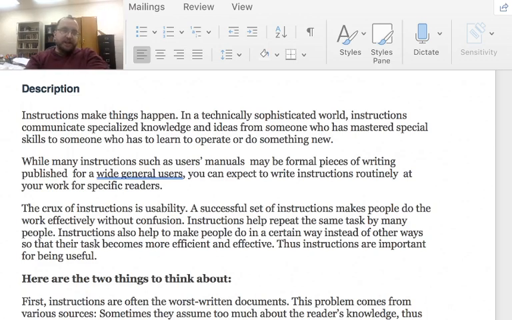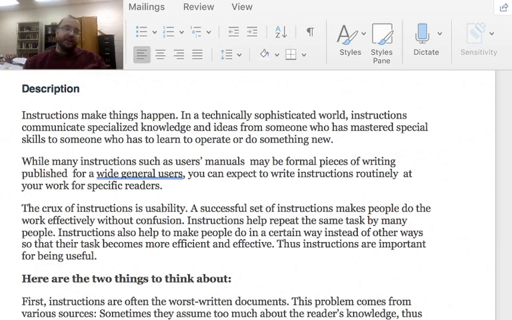So who's your audience? We'll start out with who's your audience. Your audience for instructions is the lowest common denominator. So think about the most clueless person in the world, probably me, right? Think about the most clueless person in the world. You have to be able to explain to them clearly and effectively how to do a complex task.